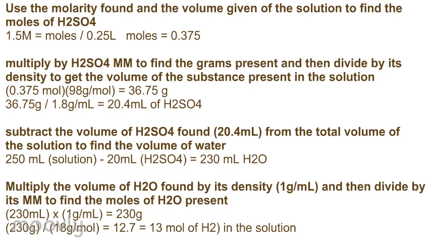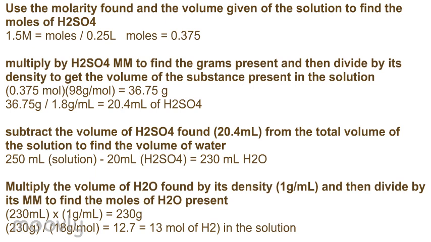Now solve for moles by multiplying 1.5 times 0.25, which will equal 0.375 moles of H2SO4. After that, multiply by H2SO4's molar mass to find the grams present, and then divide by its density to get the volume of the substance present in the solution.